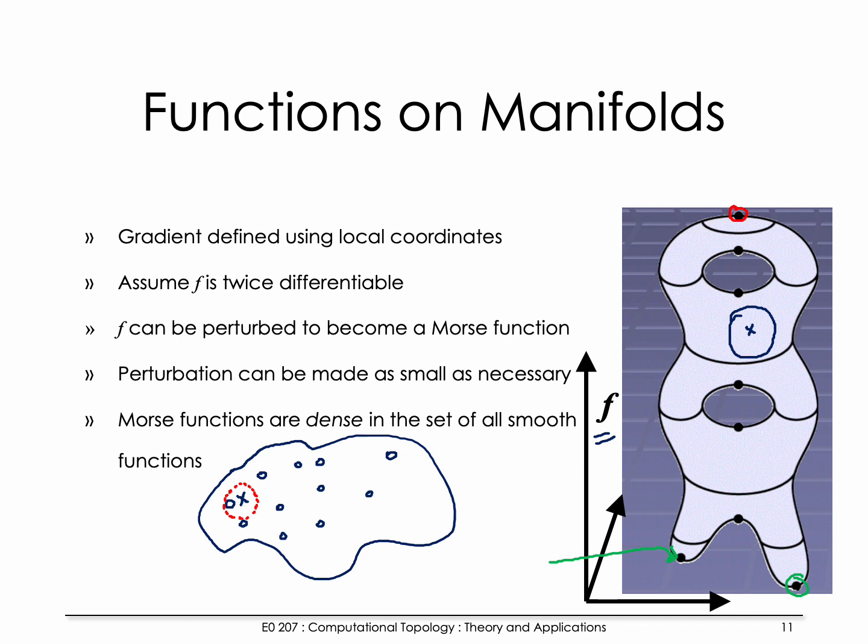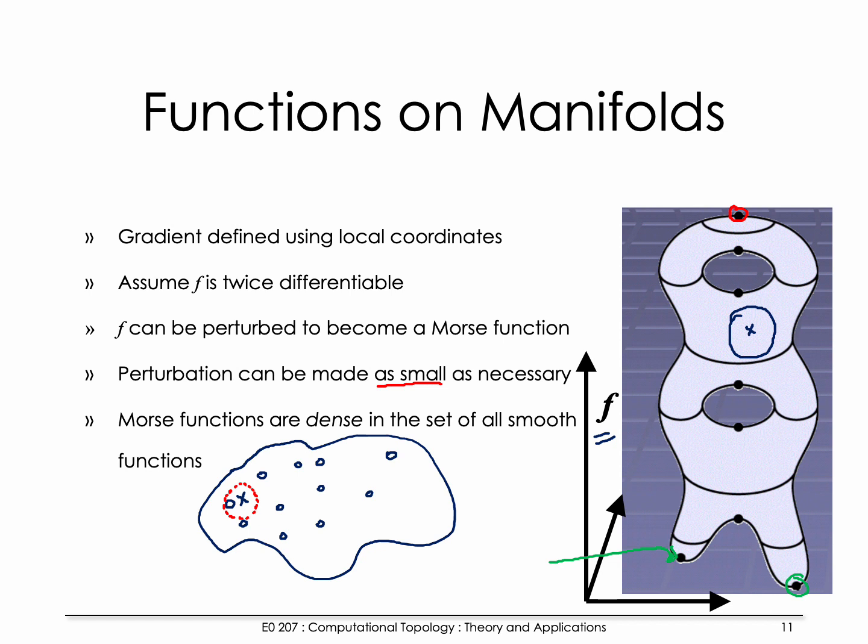And since the perturbation can be made as small as necessary, you give me any small neighborhood, I can find a Morse function within that neighborhood, right? So this is what this notion of dense means, right?